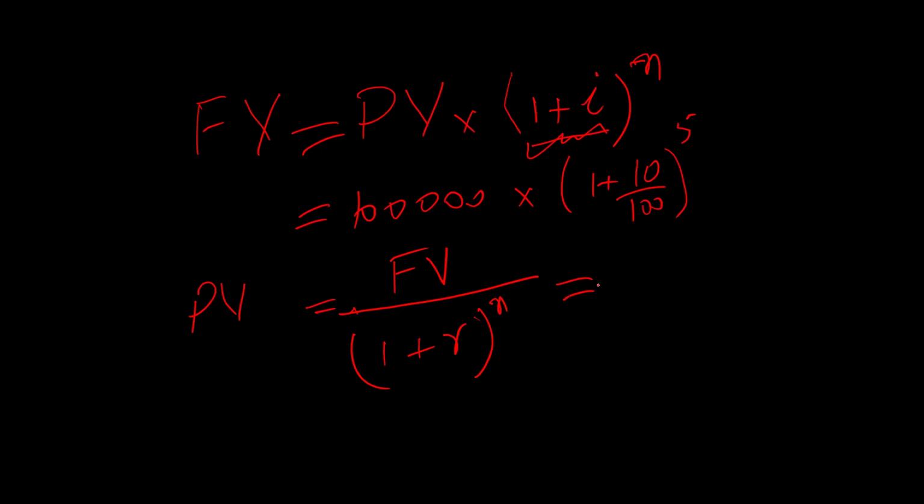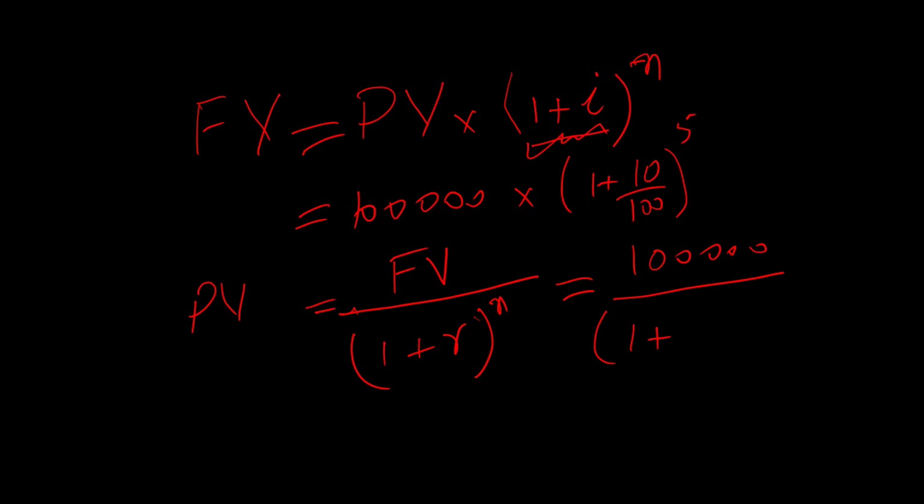So, for example, my future value is 100,000. So my discount rate might be different from interest rate because the state banks of the countries, they specify what will be the interest rate in this country and what will be the discount rate.